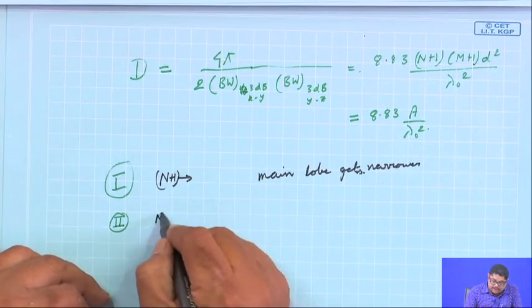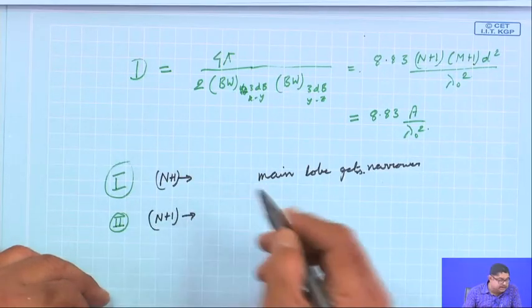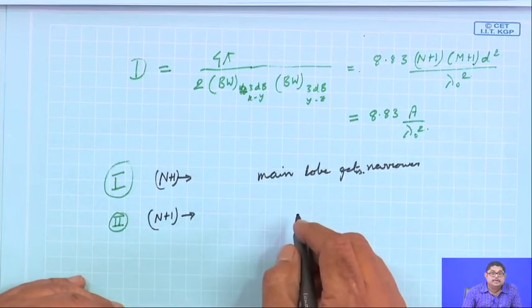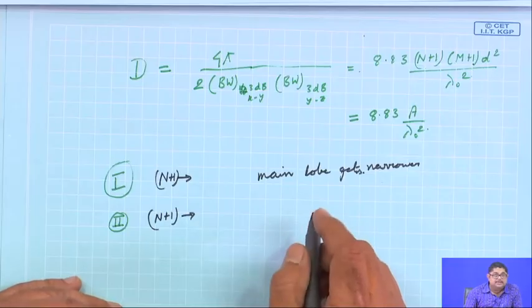Now, again if n plus 1 increases, the number of side lobes also increases. But how many? Can we say that?